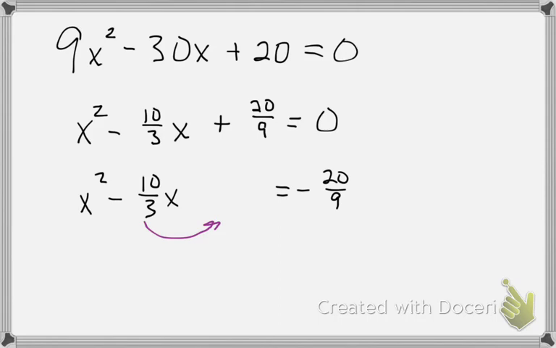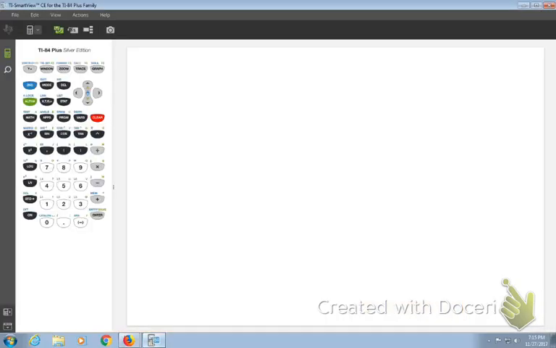We take negative 10/3 and we cut it in half. What's half of 10/3? 5/3? You guys agree? And what is that squared? 25/9. All right? Ye of little faith, remember, you do have your trusty sidekick.